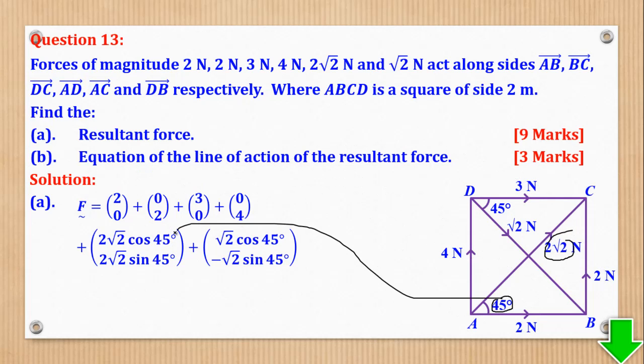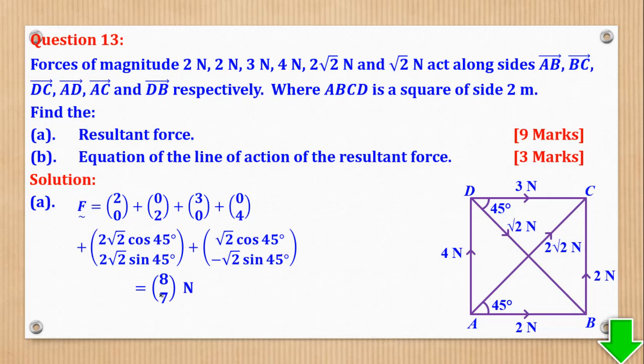That's why you have this cos 45, sin 45. This one also at an angle, so this cos sine. But there's a negative here. Why? It is because when you come here, the right angle you draw will be this side horizontally and downwards vertical. So downward vertical is negative. That's why you see a negative there.